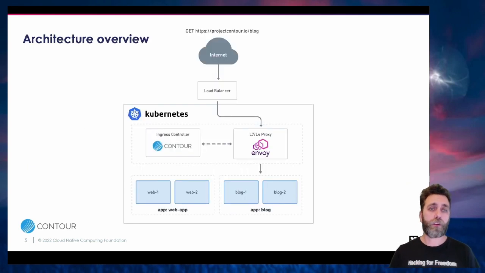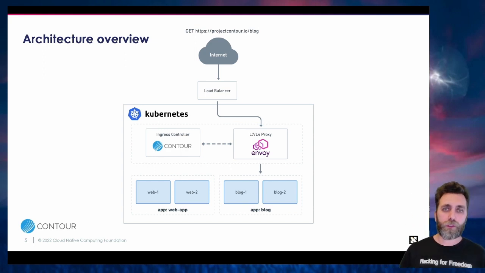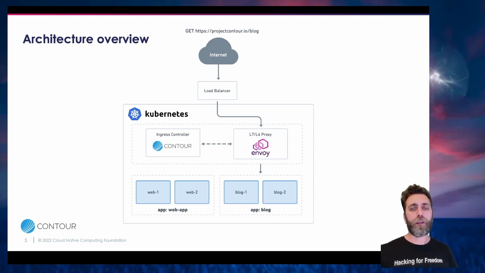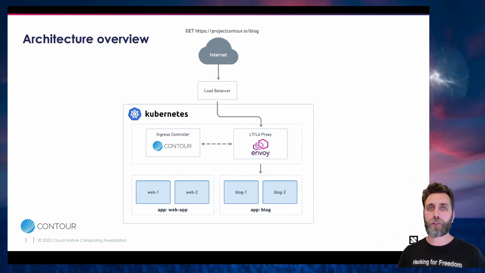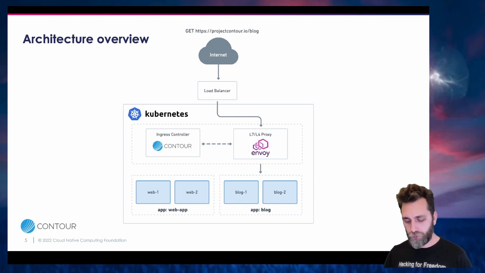So that's the overall architecture. It's very simplified, of course, but you have the very simple and known setup: internet, load balancer, and then you have ingress. Just to level up, ingress is the mechanism how you get outside traffic of your cluster hitting some service which is behind the load balancer inside your cluster. In that case, that layer is Contour and Envoy. So someone wants to make a request, let's say project.contour.io. That request goes to the load balancer.